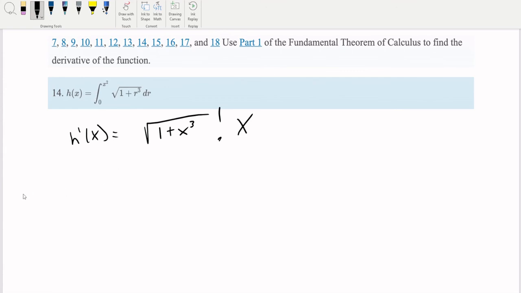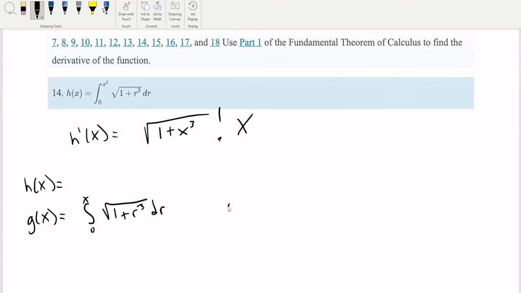So I'm going to have you rewrite this and think about this in a different way. H of x is really the combination of two functions. G of x I'm going to define as this function. Think about this for a second. G of x is the integral of the same inside from 0 to x.